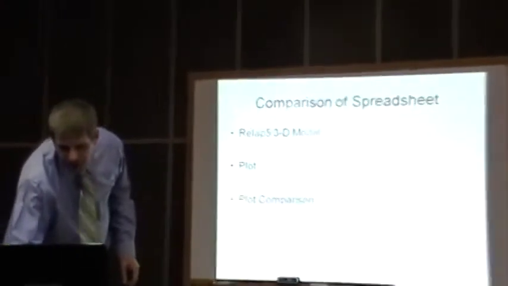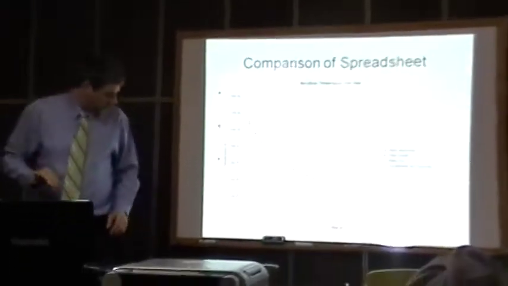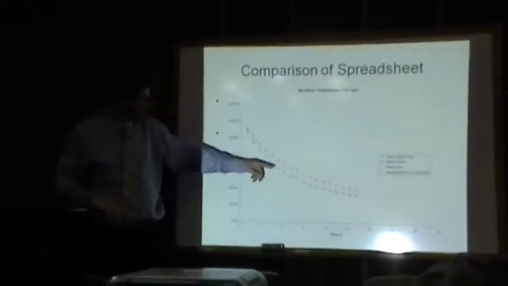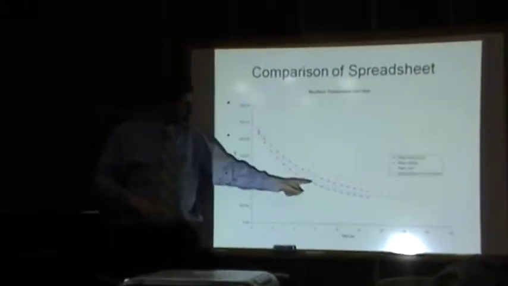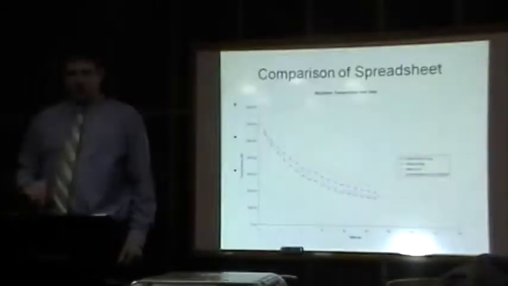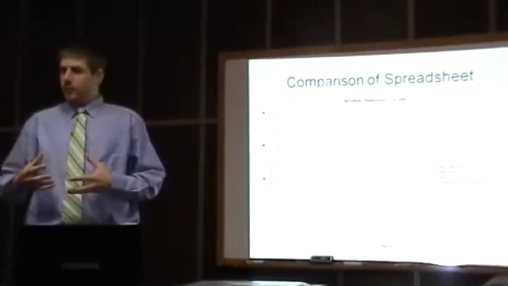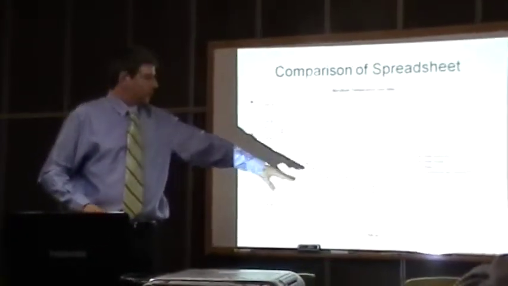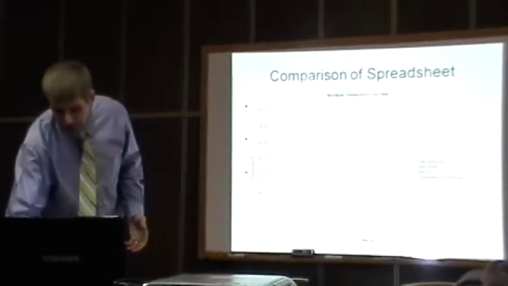But in comparison to the data that I came up with in my spreadsheet, once again, here are the beginning, middle, and end sections of beryllium, and my curve is this orange curve, and it lies right in between the beginning and middle sections in regards to beryllium temperature, and thus those curves are very similar and give some confidence to my calculation.